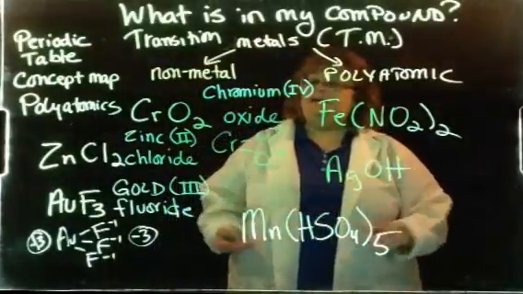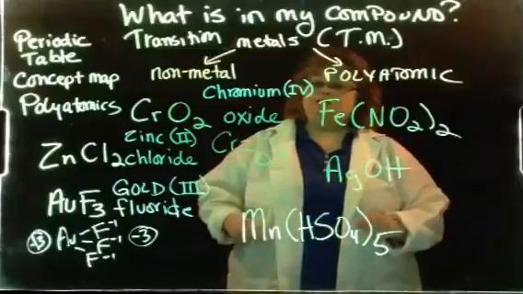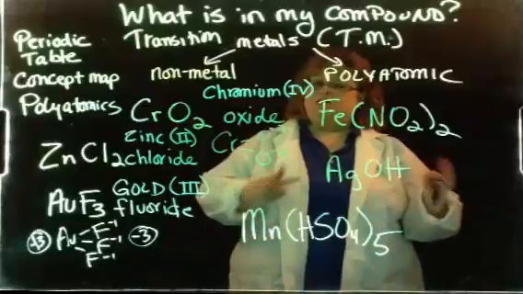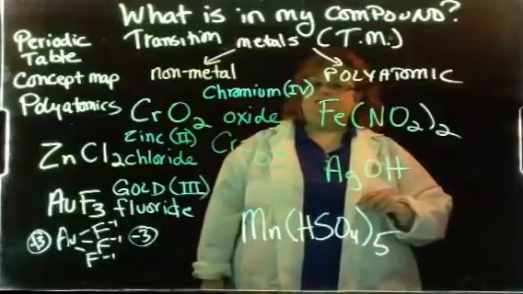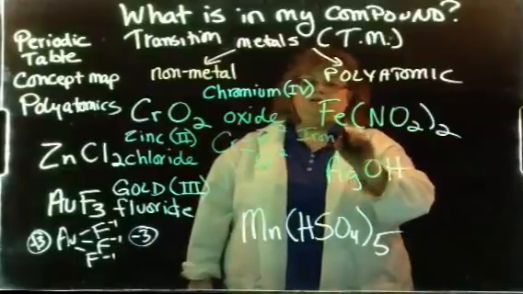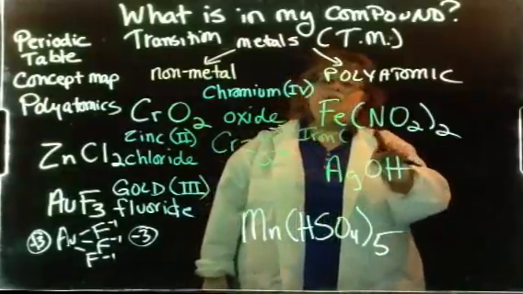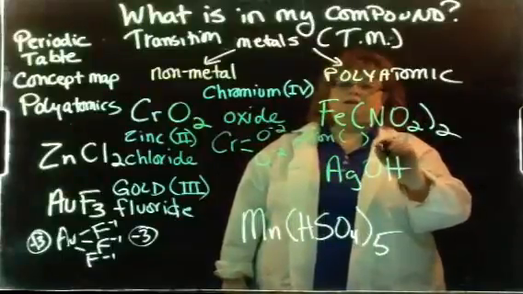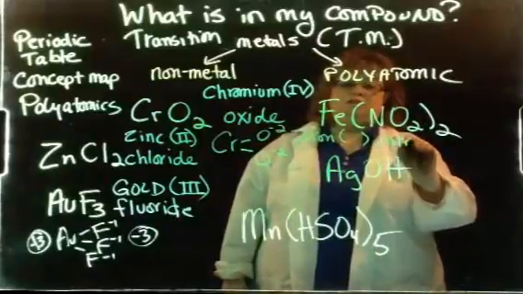All right, now let's take a look at transition metals attached to polyatomics. They're done exactly the same way. You just have to recognize those polyatomics. You have to have those charges memorized, or this part becomes very difficult to do. So again, I'm going to name my metal, which is iron, ka-ching. And then this one on the concept map says name the polyatomic. NO2 is nitrite.